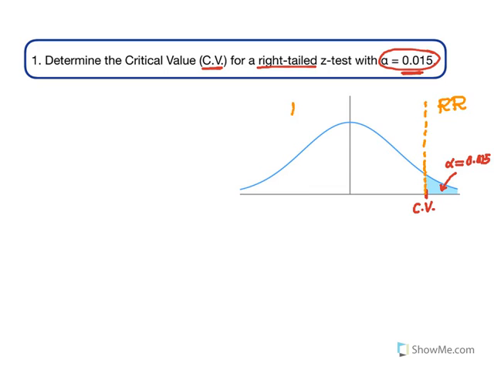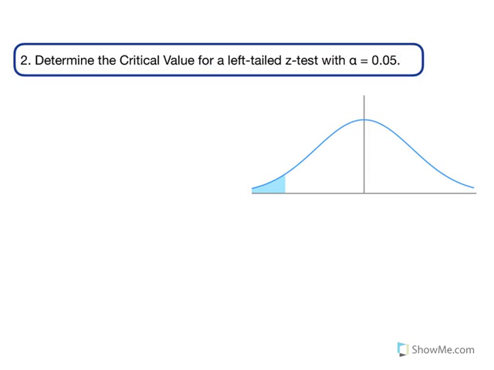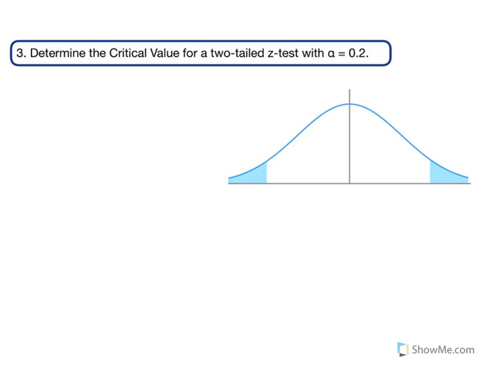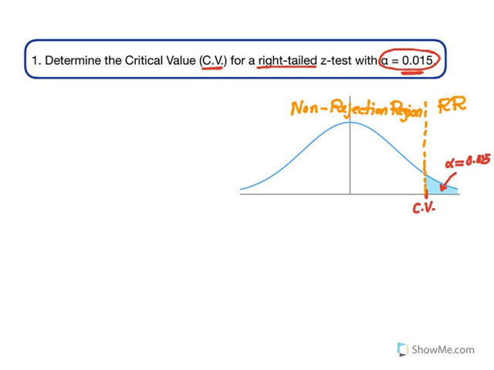The other part here is the non-rejection region. Okay, so this is for a right-tailed test. I will move quickly just to show you: for a left-tailed test, this is the picture, and for a two-tailed test, this would be the picture. But we will talk about these when we get to them.